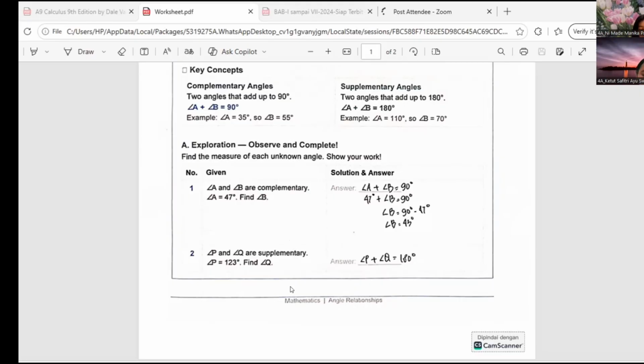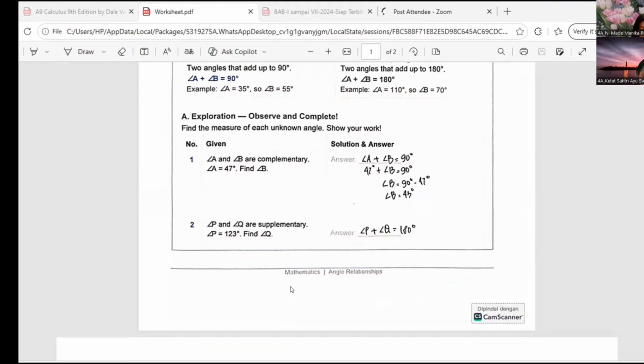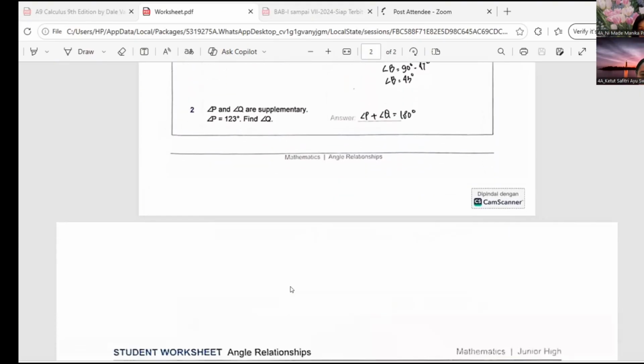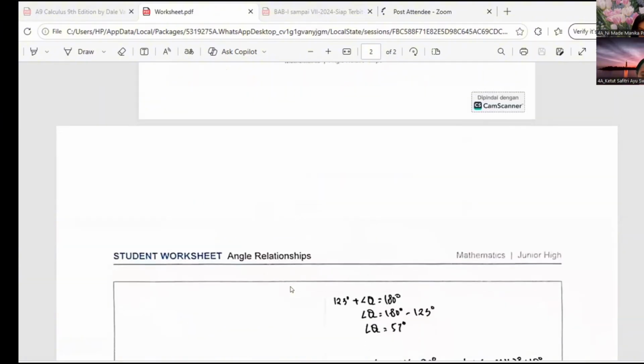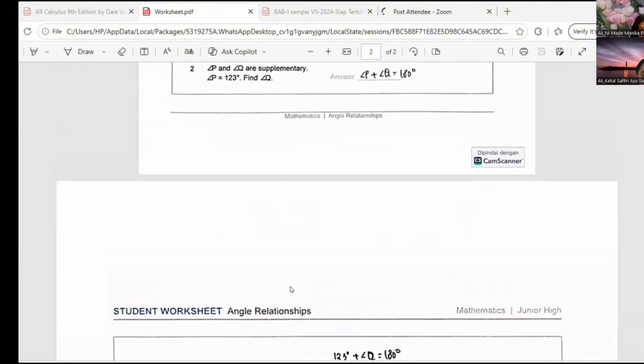For the second question, angle P and angle Q are supplementary angles. They add up to 180 degrees. We know that angle P is 123 degrees.